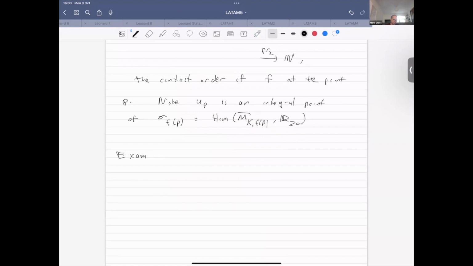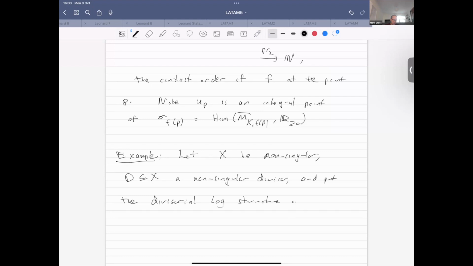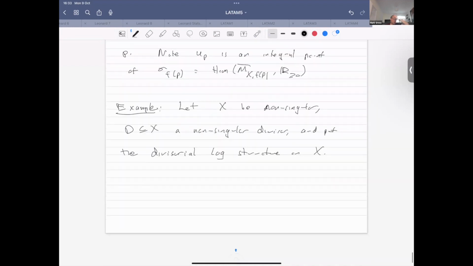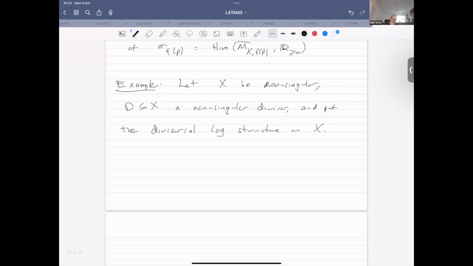Example. Let X be smooth, or non-singular in the ordinary sense. Let D contain X as a non-singular divisor, and put the divisor log structure on X. Okay, so let me draw a picture of that.